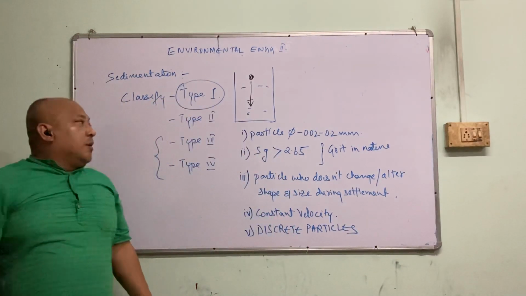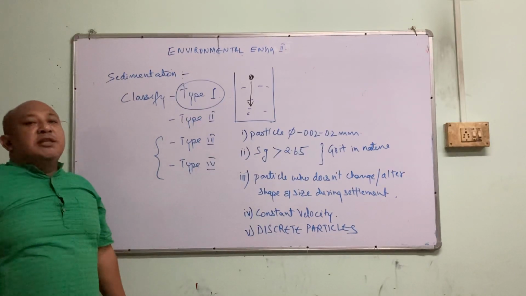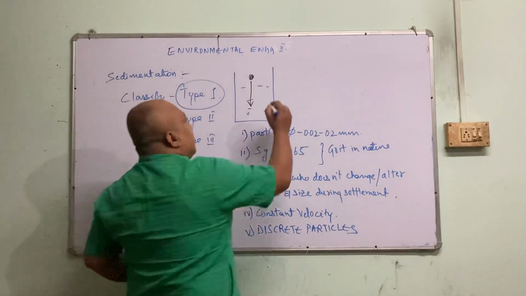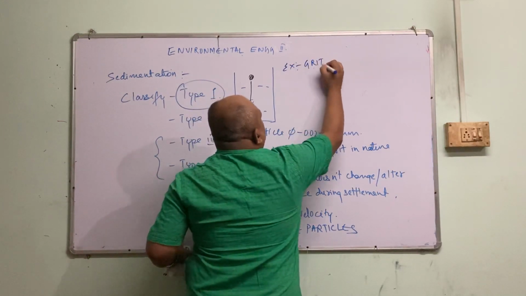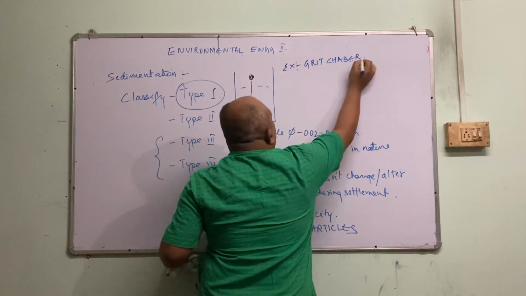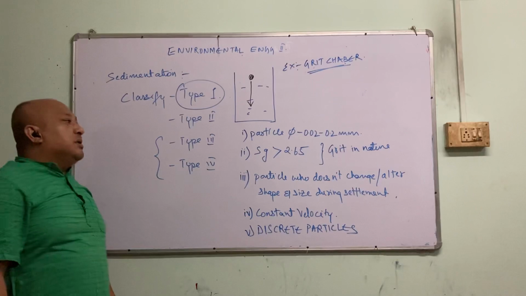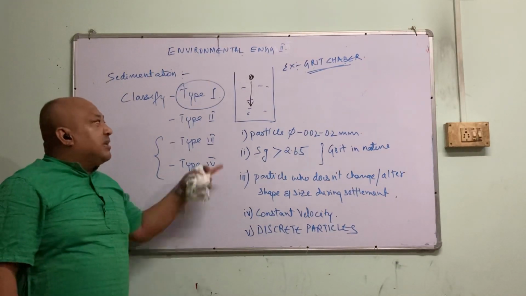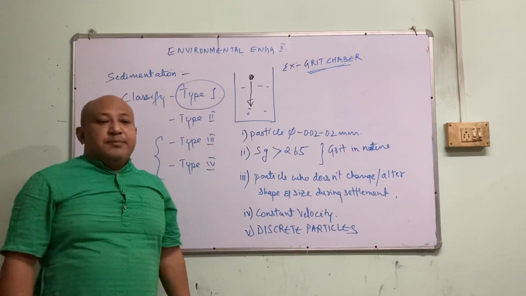So, this type of settlement happens in the grit chamber, especially. Example is the grit chamber. Now coming back, we are going to design the grit chamber. And I told you before, designing the grit chamber means nothing but finding the settling velocity of this particle or the hydraulic retention time.